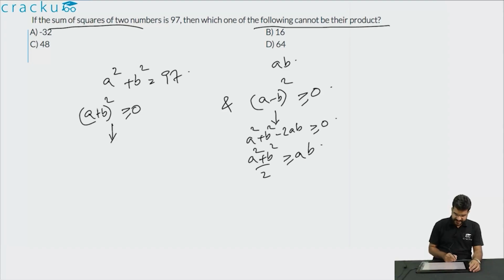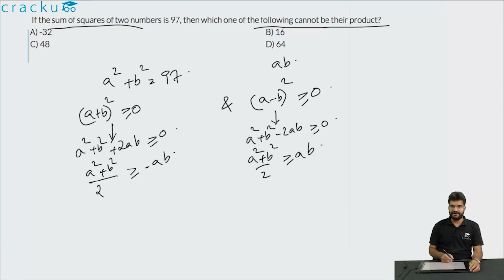Similarly, expanding this, you get that a square plus b square plus 2ab is greater than or equal to 0, or a square plus b square by 2 is greater than or equal to minus ab. Now because you want to find the values for ab, you multiply both sides of the inequality by minus 1, and as minus 1 is less than 0, the sign of the inequality will change.